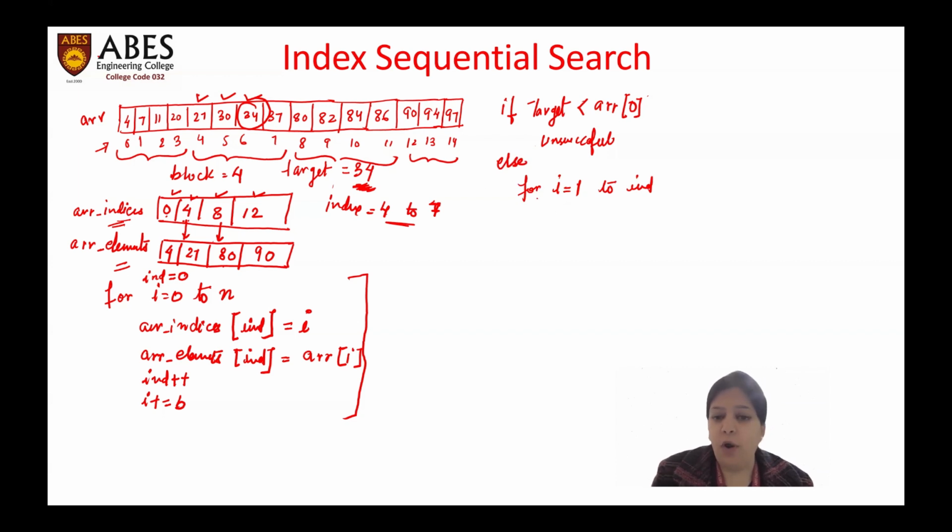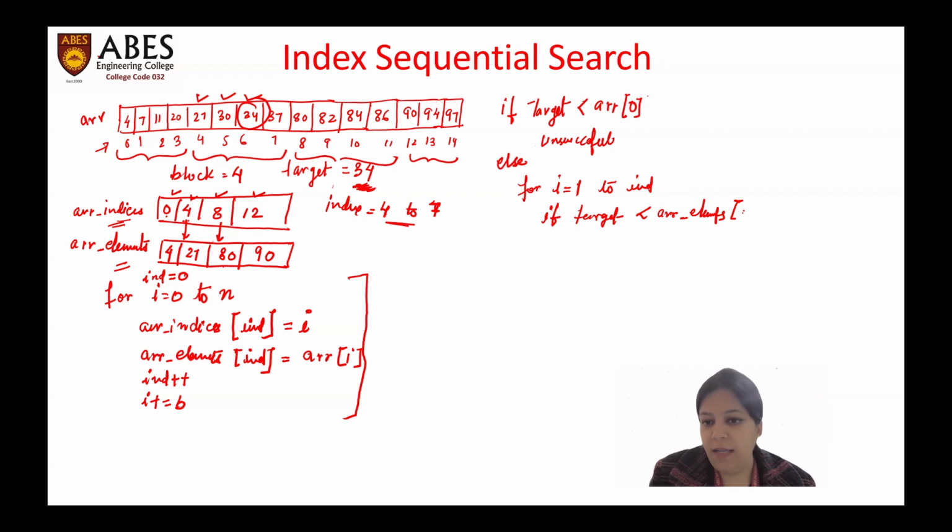So for I equals 1 to the number of elements in the index array, we have to check if the target value is less than ARR elements I, because we have to compare it with the value stored at that index.